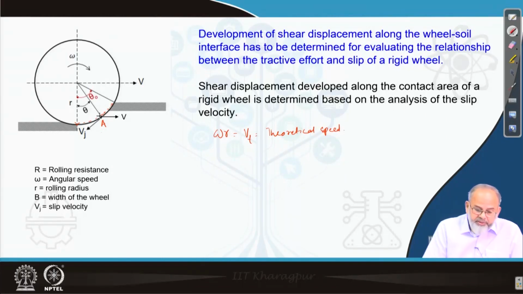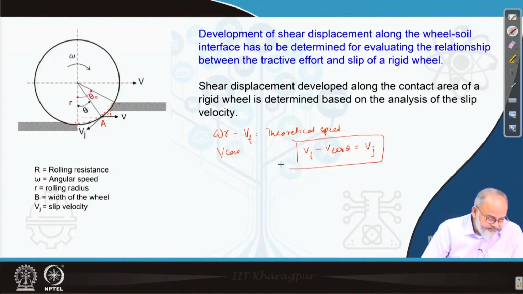Now, at this point the actual velocity is given as v. If you resolve this into this plane, this angle will be equal to theta. So v, if resolved in this plane, becomes v cos theta. So now Vt minus v cos theta will be equal to your slip velocity Vj.